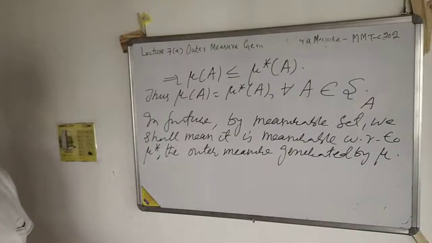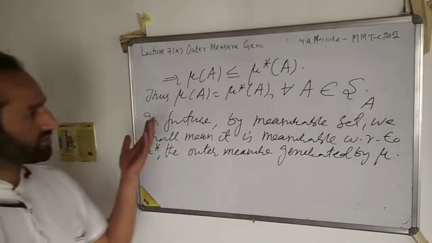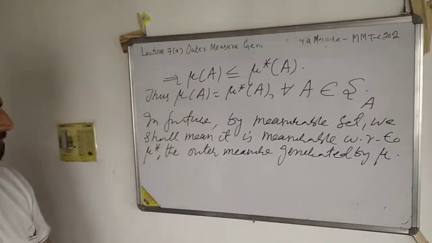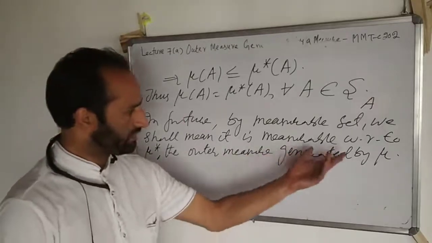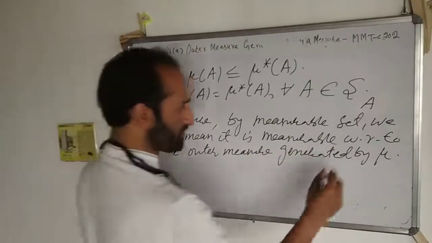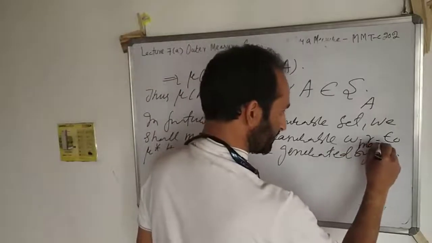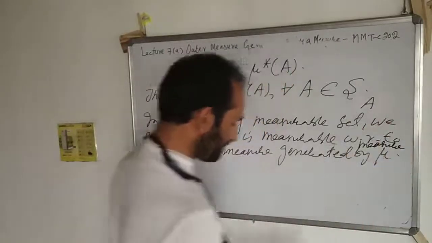So in future, whenever we have a measurable set, it means that it's measurable with respect to the outer measure mu star generated by the measure mu.